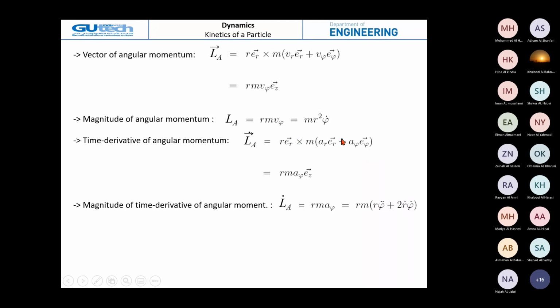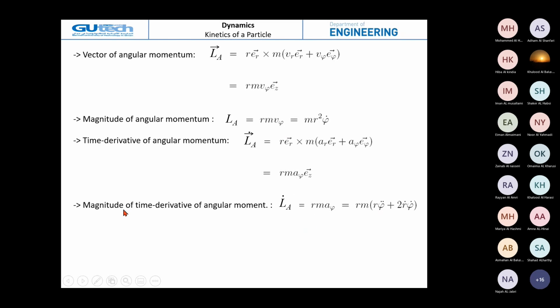Now, if we take the time derivative of these terms, as we said for the velocity, r e_r cross m e_r, that is e_r cross e_r, will be 0. Then we have only the term r e_r cross e_phi, and as we said, e_r cross e_phi will be only e_z.